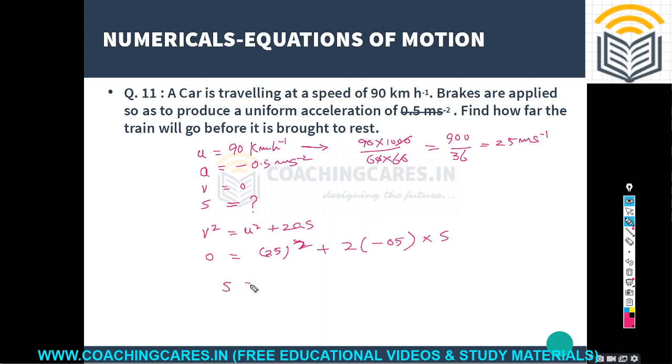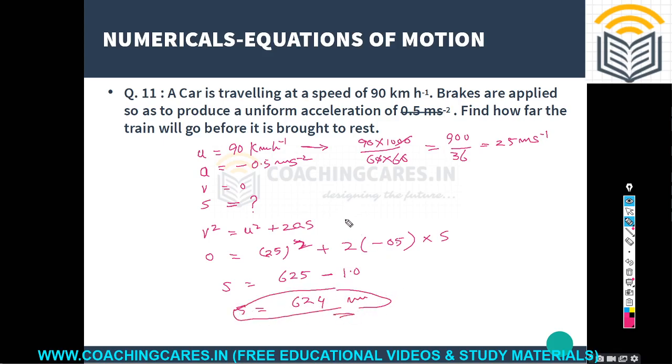So s will be equal to 625 minus, so multiply this, 1.0, which will be equal to 624 meters. So this is the final answer here, that is s.